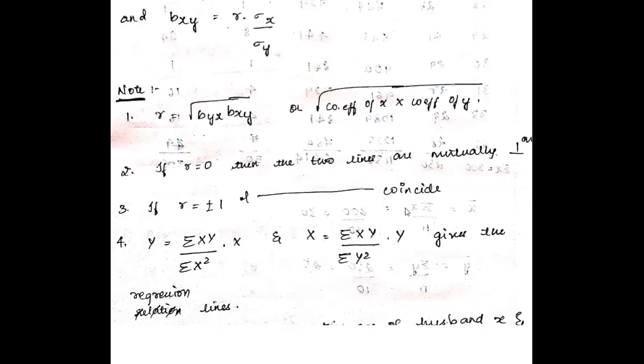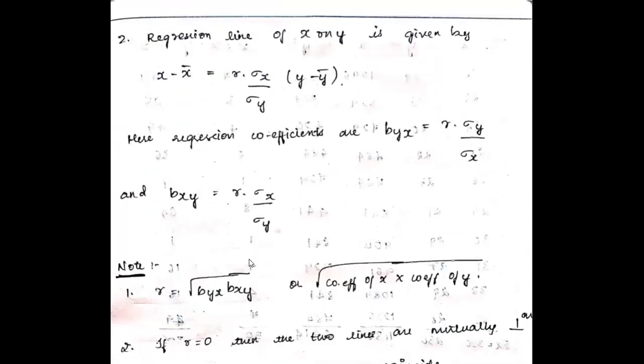the two lines coincide. And the fourth one, there's an alternative formula to what I mentioned just now. Regression lines can be found by using these two equations, or else it can be found by the equation which is mentioned in the fourth note. This one is simpler compared to the one which is previously mentioned. Capital Y is equal to summation xy by summation x square into x.